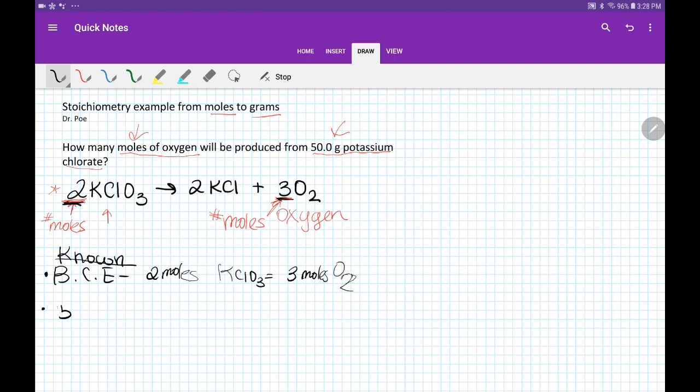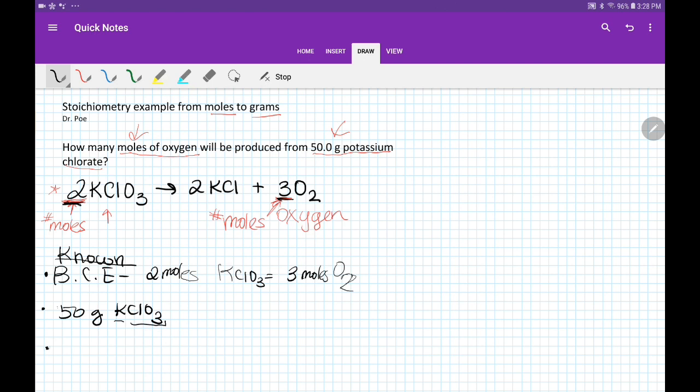We also know that we have 50 grams of potassium chlorate, and because we know our polyatomic ions, we know that K is potassium and ClO3 is chlorate, so we're really good there.